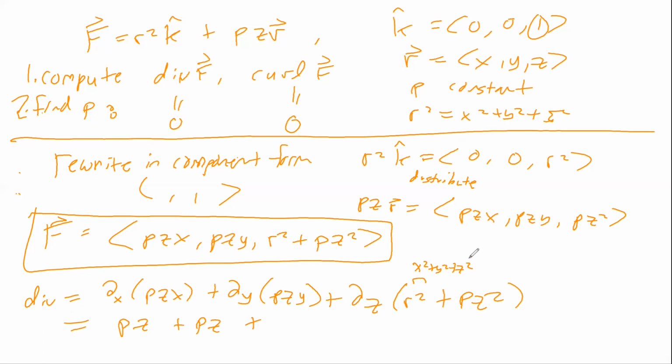So there's a 2z plus a 2pz, which gives a 4p plus 2, times z.